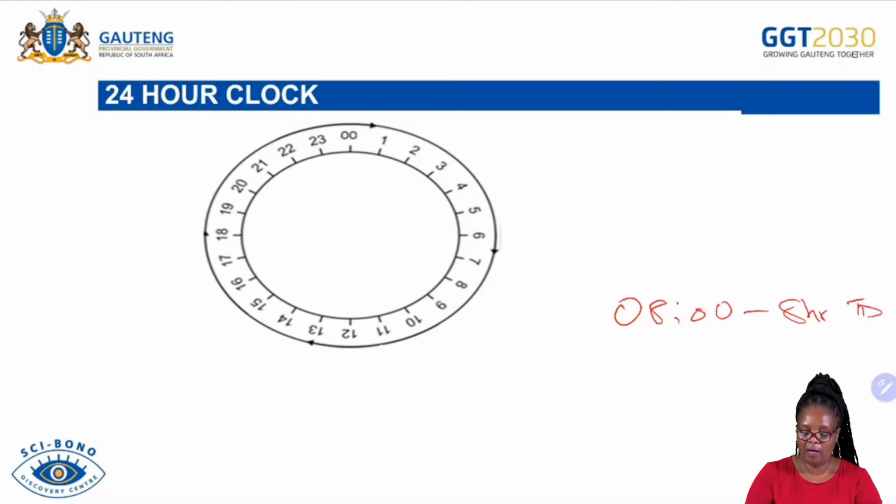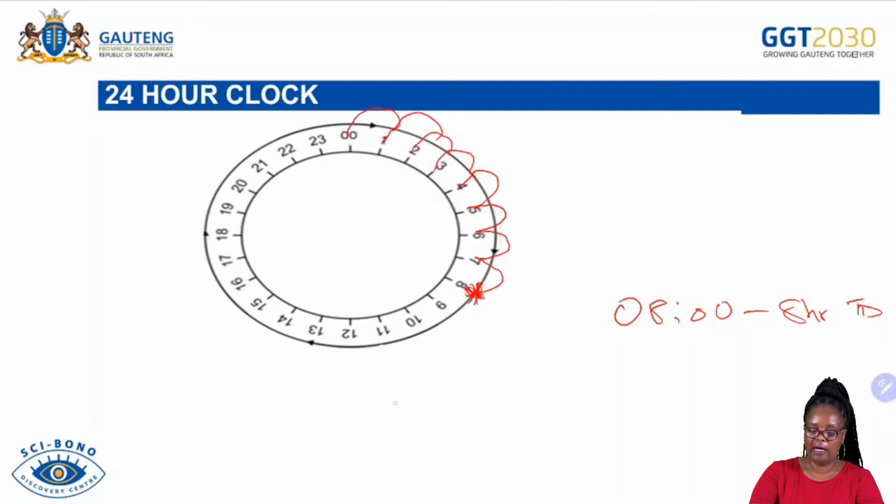So here we are on our clock. This is our 800 hours. From our 800 hours, we have to minus what? 8 hours time difference. There we go. It's 1, 2, 3, 4, 5, 6, 7, and 8.